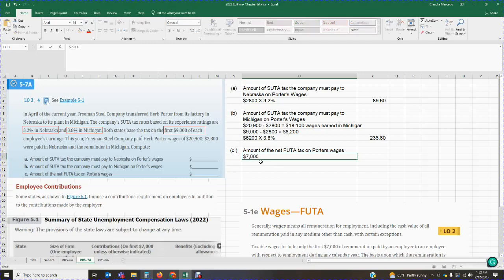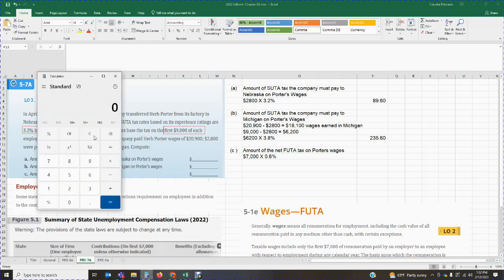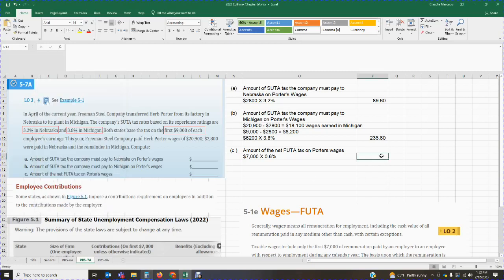He did make $20,000, so we're going to pay FUTA taxes on the first $7,000. And my FUTA rate is 0.6%. That is obtained in the problem. In the textbook, it explains about your FUTA rate. So we've got 7,000 times 0.6%, and that would give me a FUTA tax of $42.